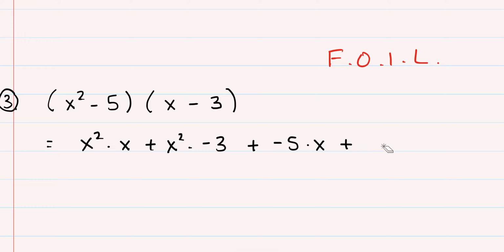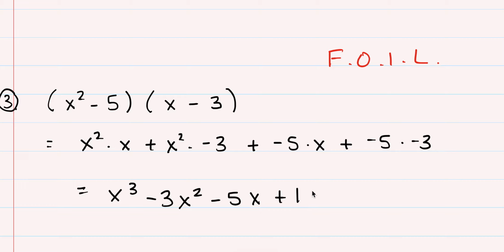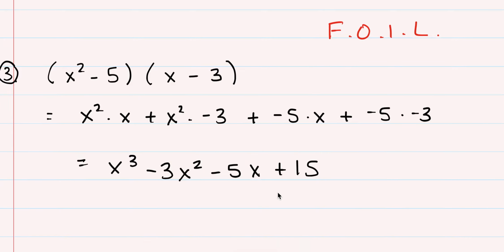Let me write this as negative and a negative. And notice here that I don't have any like terms. Here I have a cubed, here I have a squared, this is the first power, and this is just a number. So I can't simplify it any further.